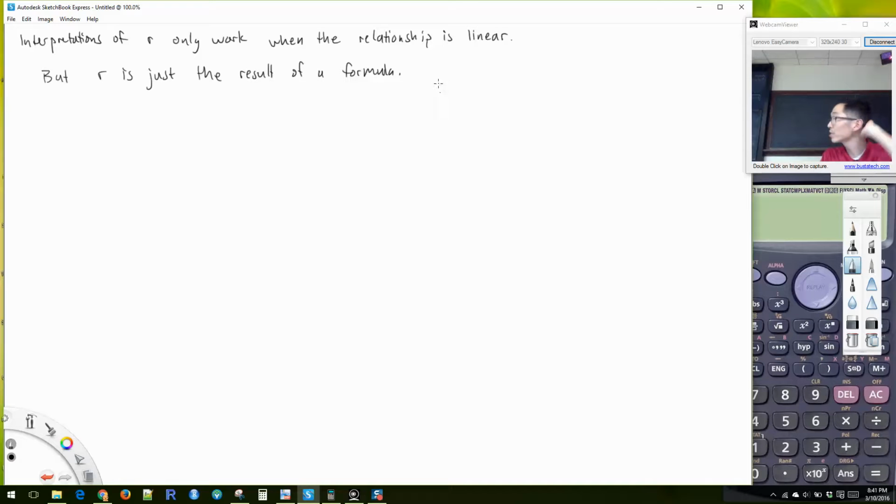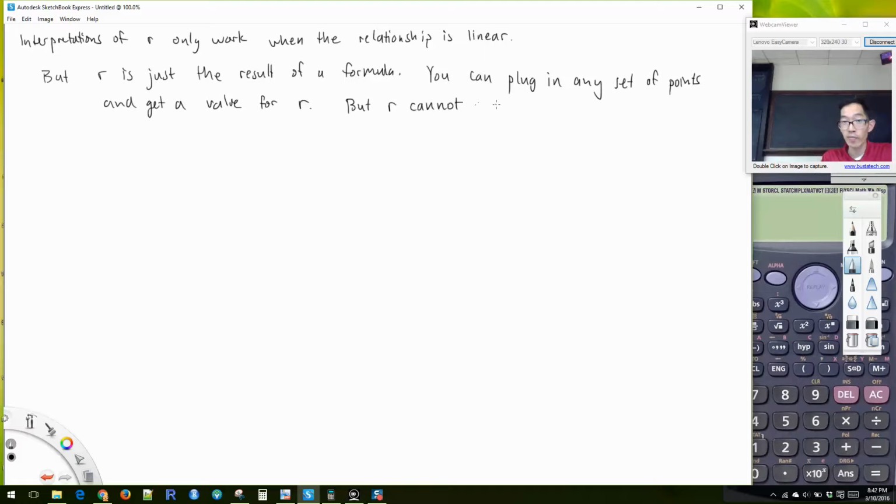You can throw in any points, even a nonlinear relationship, and you're going to get a value for R. You can plug in any set of points and get a value for R. But that does not mean you have a linear relationship. R cannot tell you if you have a linear relationship.